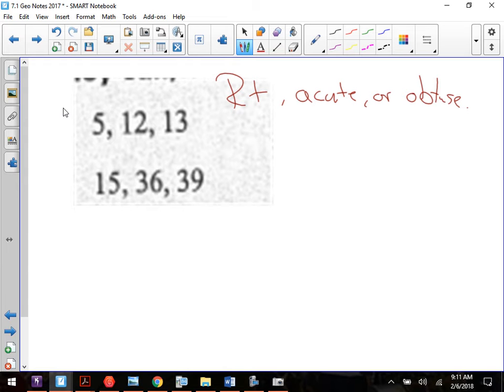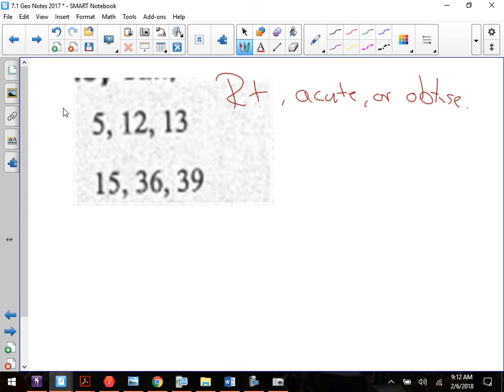And using the idea that I was just showing you, that if we started by writing your c squareds first, c squared equals a squared plus b squared, it's a right triangle. If c squared is larger than a squared plus b squared, it is obtuse. If c squared is smaller than a squared plus b squared, then it is acute.